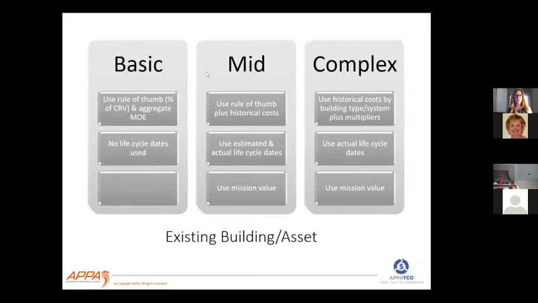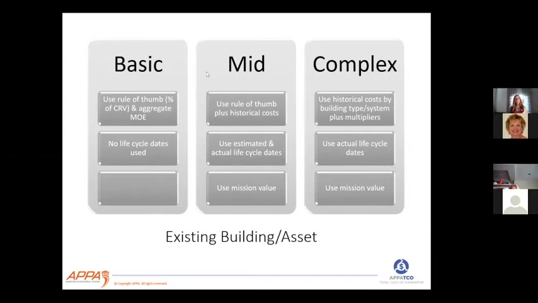Use our percent of CRV, use the aggregate MO&E across your organization, use what you want to be getting. In my case, I use the $6. That's what I want to get. And then there's no life cycle dates that are used. We're not using any systems, so we're not having to calculate or use any dates. This is basically just a rule of thumb estimate total cost of ownership. And that's the example that we went over.